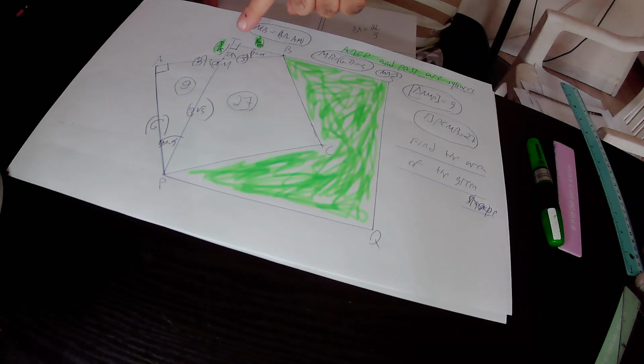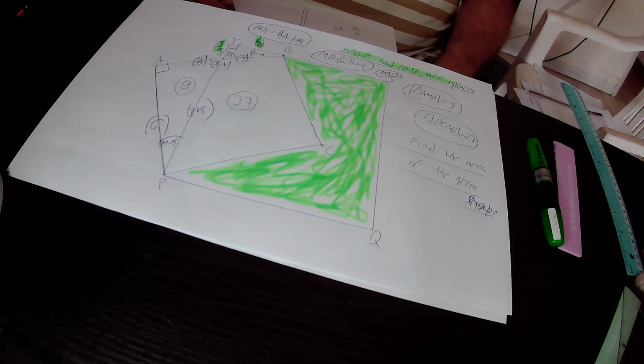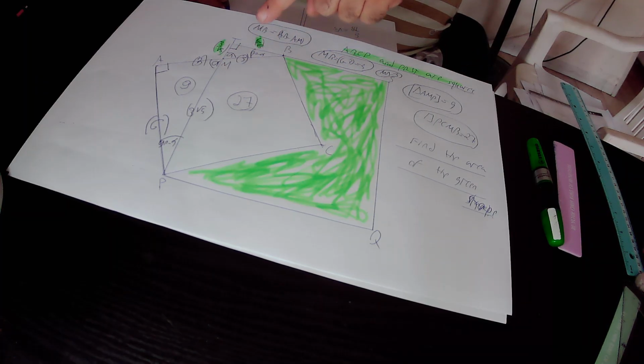So TP equals TM, which is 3 over square root of 5, plus MP, which is 3 times square root of 5.